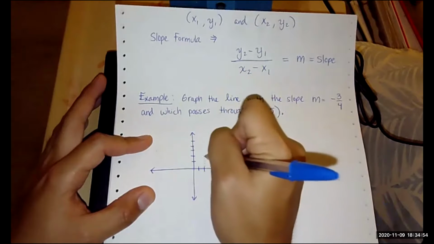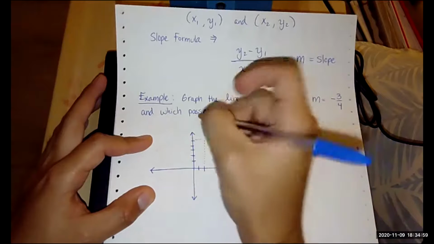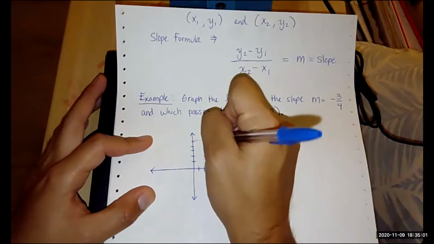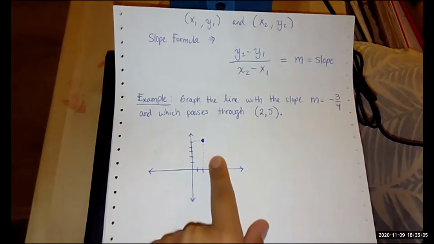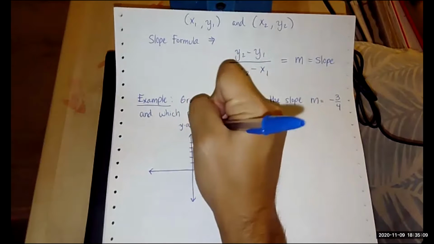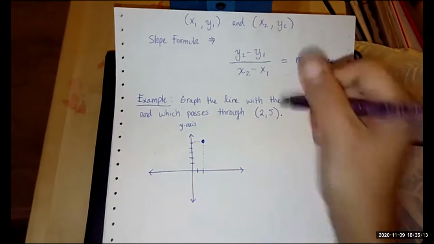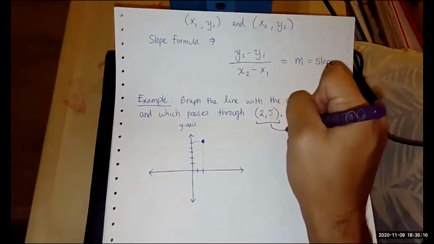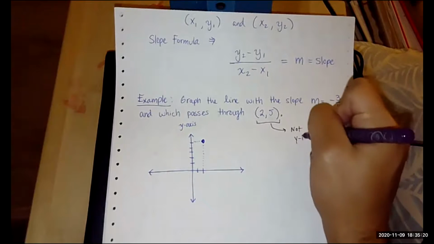And where these two values intersect, that's where I'm going to put my first point. But notice that this point is not on the y-axis. So what we can say is that this point is not the y-intercept.